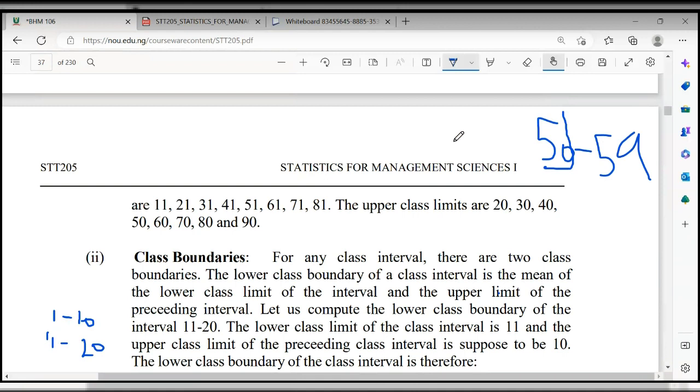You will get the lower class boundary. If you want the upper class boundary, you add the upper class limit for the interval you're looking for with the lower class limit for the preceding interval. Then divide by 2. You get your upper class boundary.